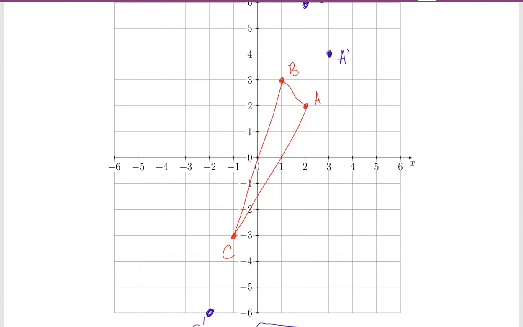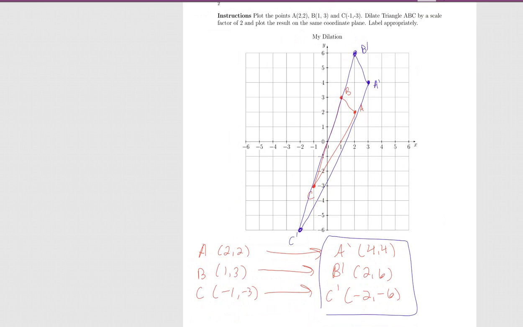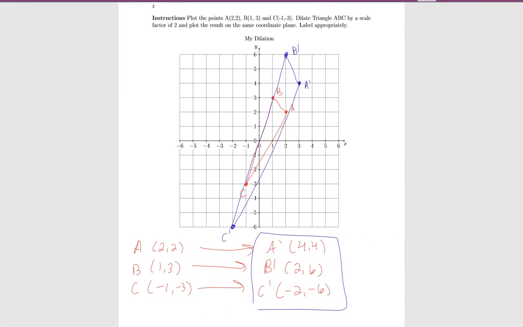So once again, I don't have a straight edge, but I'm going to do my best with these. That's not great. This one. And you can see that our triangle definitely did get larger. It'd be a little bit easier to see if we were graphed perfectly if I had a straight edge, but unfortunately I don't on my surface.